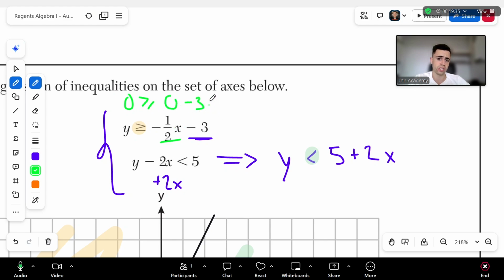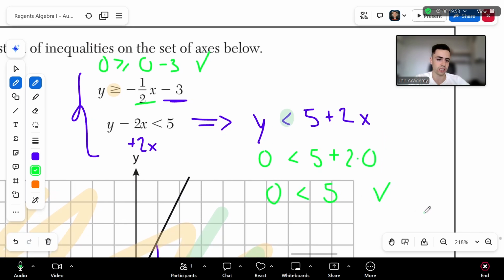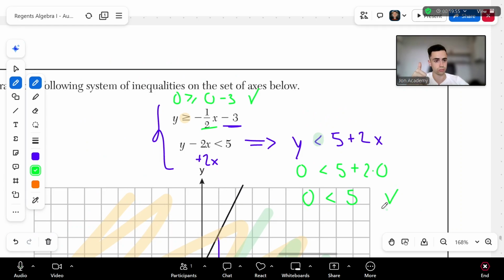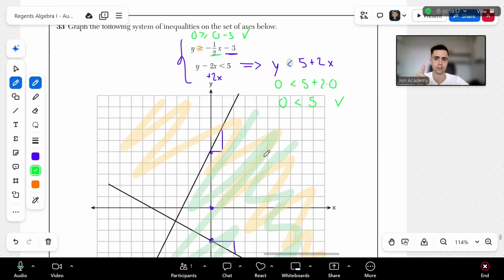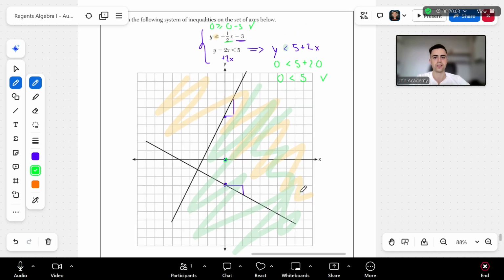And 0 minus 3 is minus 3, and 0 is greater than that, therefore it's true. And for this other one, y is 0, and 5 plus 2 times 0 is 5, and we see that 5 is strictly bigger. Therefore, it is true. That point is part of the system of inequalities. Very good.